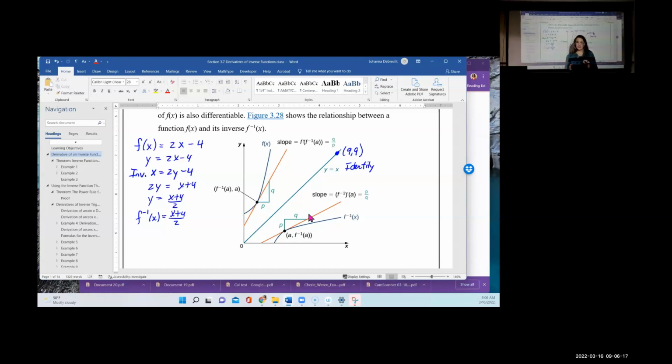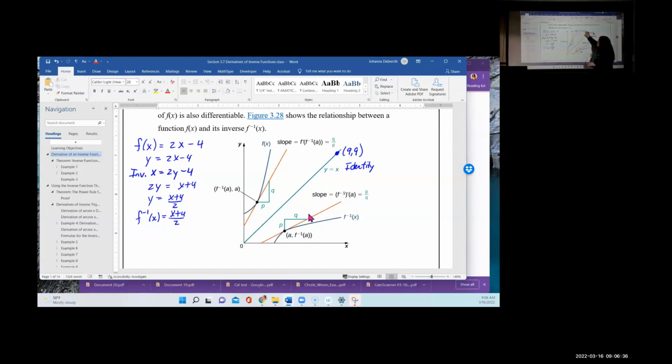So since we have slope of the tangent line, we want to compare the slopes of the tangent lines on these two graphs. So if you're looking at the original function up here, you can see that the slope of the tangent line would be rise over run, and that would give us Q over P.